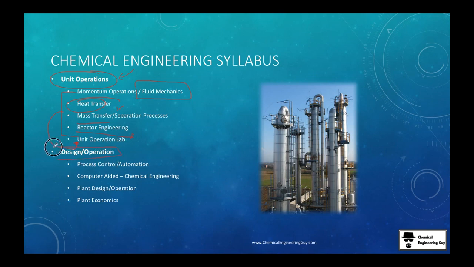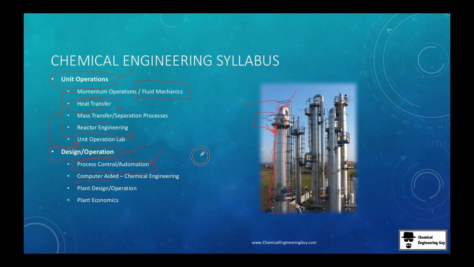Now for the design and operation block, which is the last one, you will see process control and automation, because these columns right here, you want them to be in steady state, and the best way to do that is via computer and automation of processes. Instead of having one guy going up here to close the valve, you have a system that closes automatically.